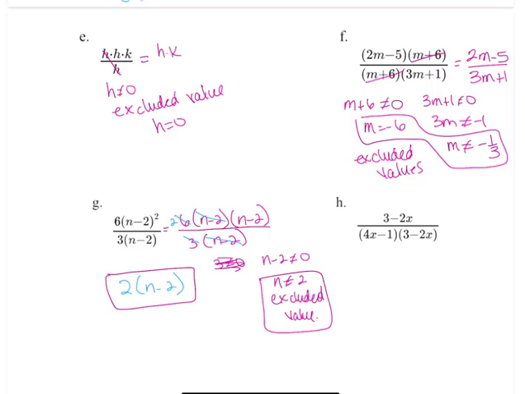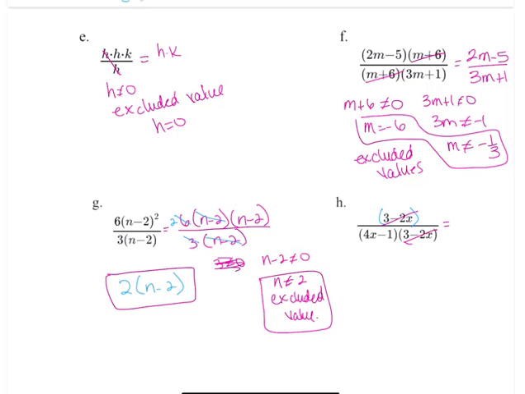Right. And then the last one, on H, that whole top part is a factor. Right? Factors are what we're multiplying, so we can throw that whole entire thing in parentheses if you would like. You're going to look at your numerator and denominator and see if there are any factors that match up perfectly. And I have a 3 minus 2x and a 3 minus 2x in the numerator and denominator, so that's going to divide out to be 1.